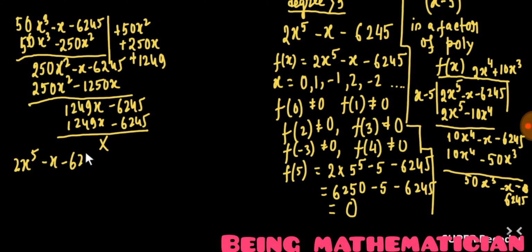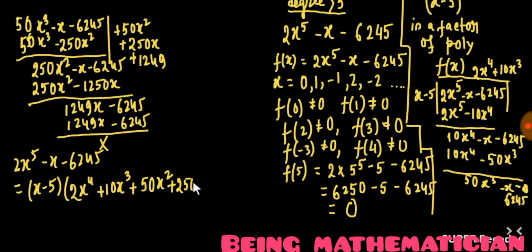That is, the factor x minus 5 into the quotient, and this quotient is 2x to the power 4 plus 10x cube plus 50x square plus 250x plus 1249, and it will be the answer of the factorization of 2x to the power 5 minus x minus 6245.